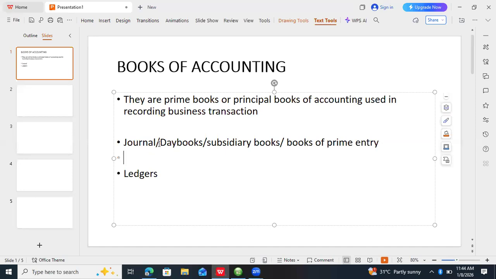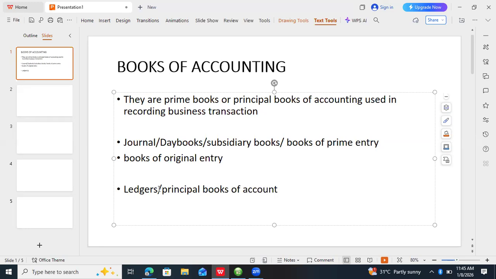They are also known as books of original entry. So the day books or journals can be referred to as subsidiary books, books of prime entry, or books of original entry. And then the ledgers can also be referred to as principal books of accounts.